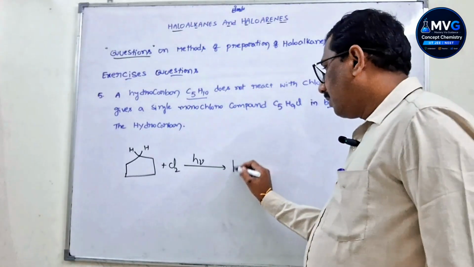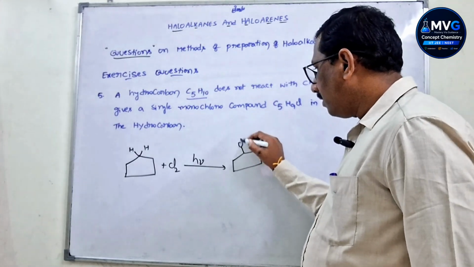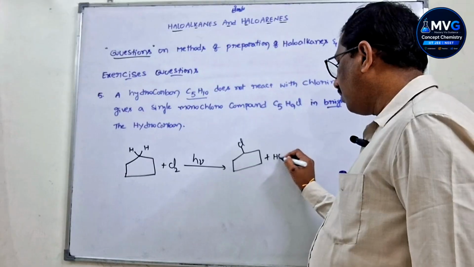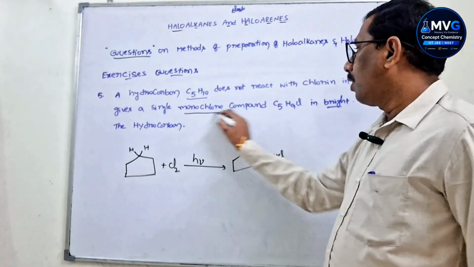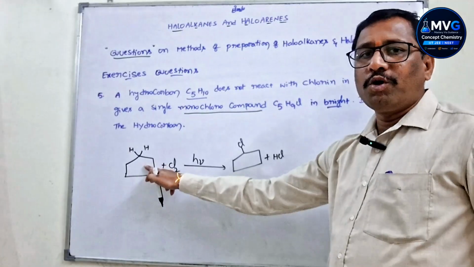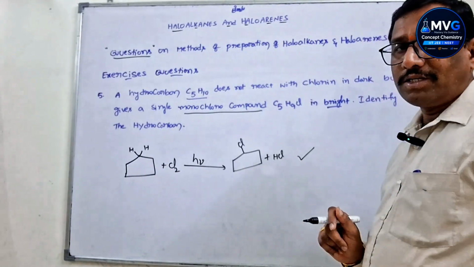Now the product, students: all corners are the same. One chlorine atom replacing one hydrogen, a product like this will form. Monochloro compound, only one possibility. This is the answer, students.